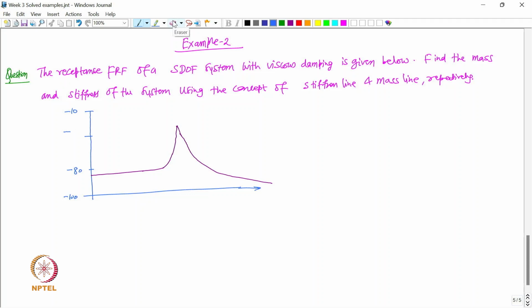Yeah, then we have, this is the frequency in radians per second, right? And somewhere here is 10 raised to the power 0, then 10 raised to the power 1, 10 raised to the power 2, 10 raised to the power minus 1, and so on, right? So this is the receptance FRF that has been given, and let us proceed with the solution now.